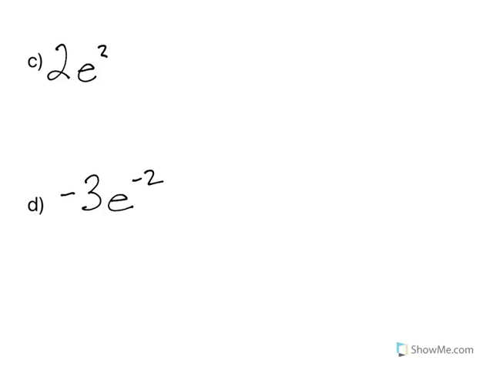Let's just do 2 more for fun. Ooh, now we have coefficients in front of the e. So now I'm going to type into my calculator 2 times, and then I'm going to hit my second LN so that it gives me e to the x, and I'm going to type in 2. Oh goodness gracious.